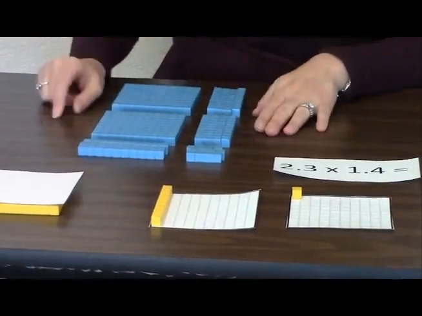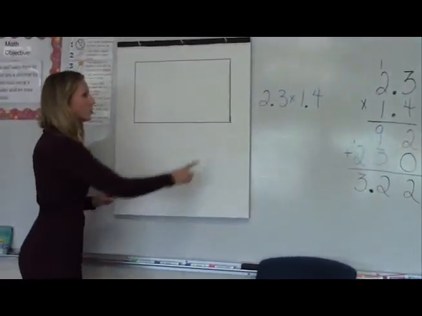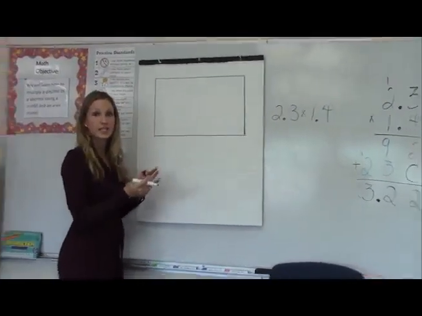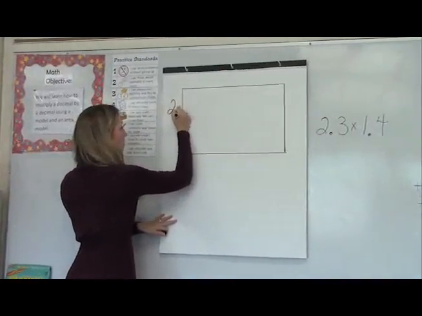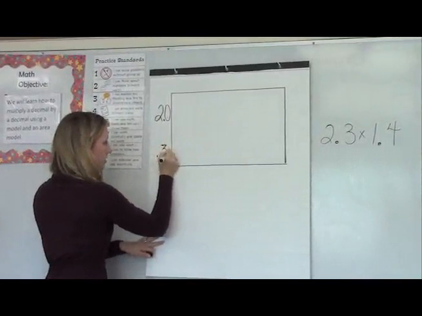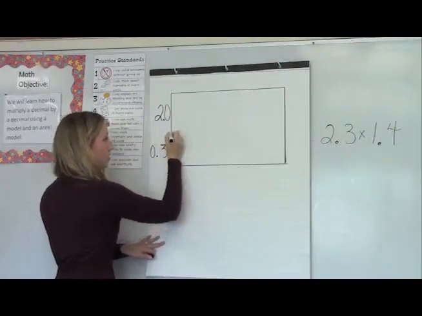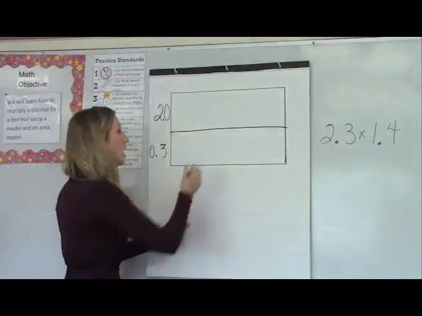I want to relate this to an open array model. So I'm going to take the same problem, and I'm going to write 2 3/10 in expanded form. So I would have 2 wholes and 3/10. I would also have 1 whole and 4/10.